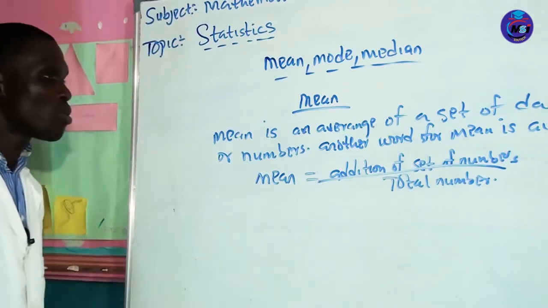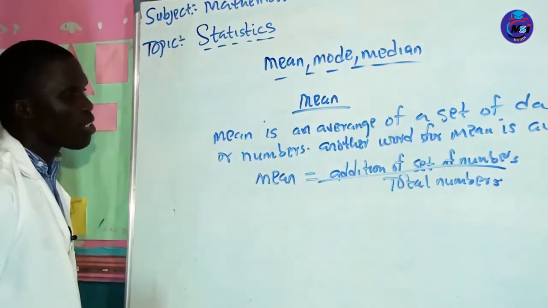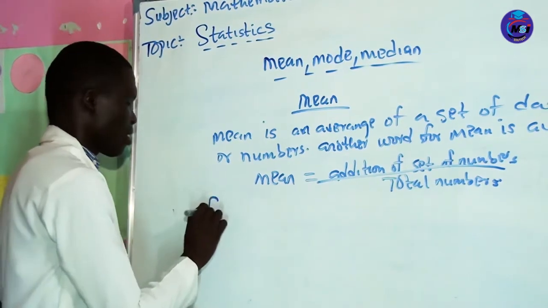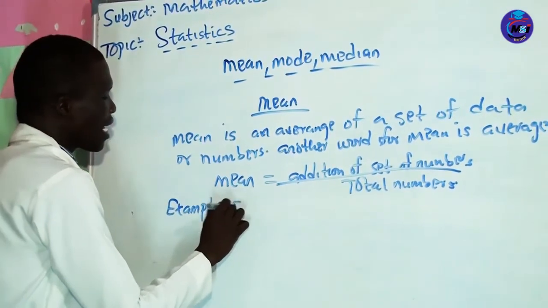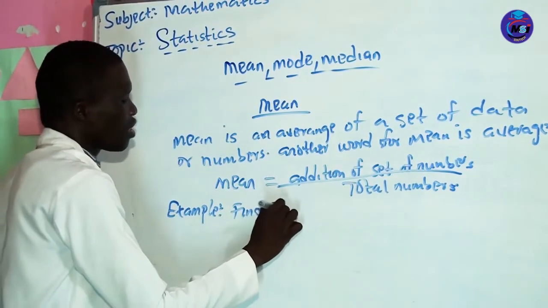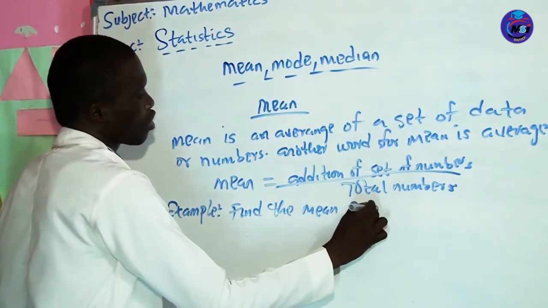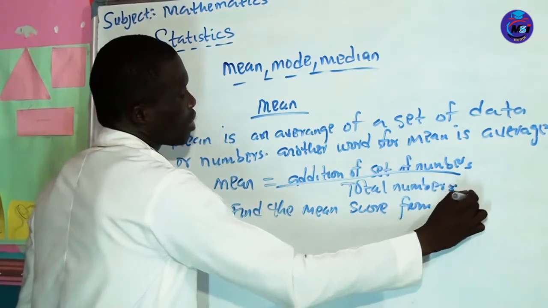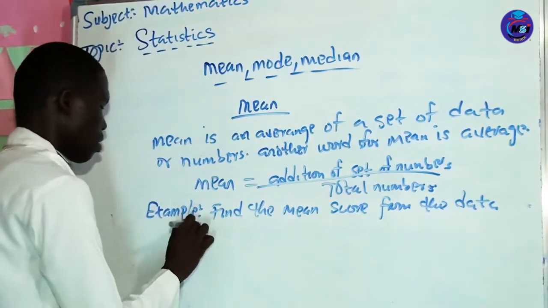I'm going to give you an example. Let's say, for instance, you have a question like this. Example: find the mean score from the data below.